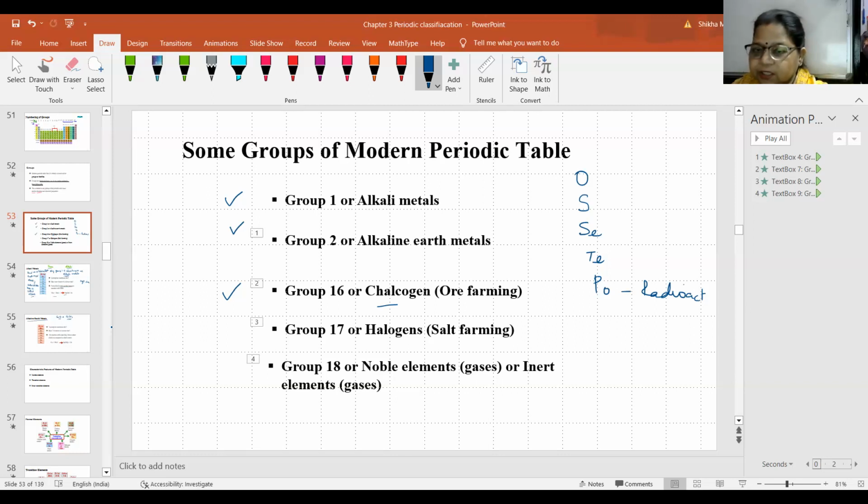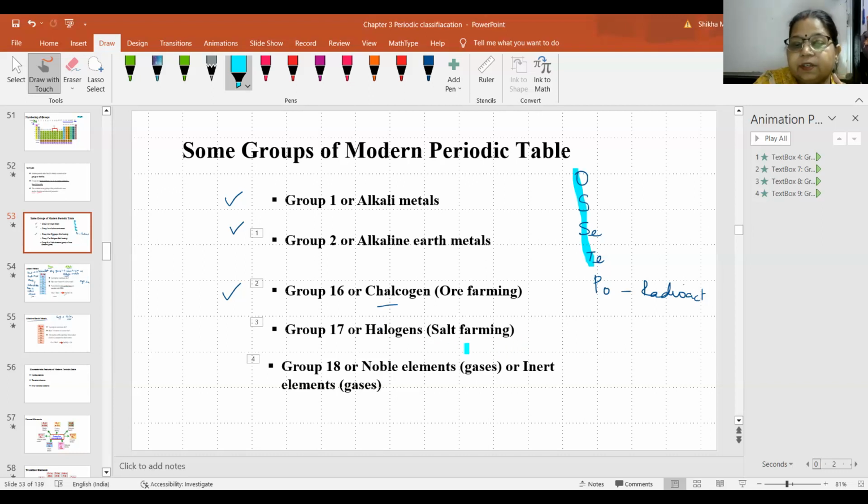Therefore, group 16 in general is known as chalcogens. Some books and authors believe only up to tellurium should be considered, and they should not consider polonium for this. So it depends on what is asked and what can be answered, right? If you write oxygen, group 16 is known as chalcogens, correct? But most of them are formed as oxides and sulfides, right? So there is a slight difference.